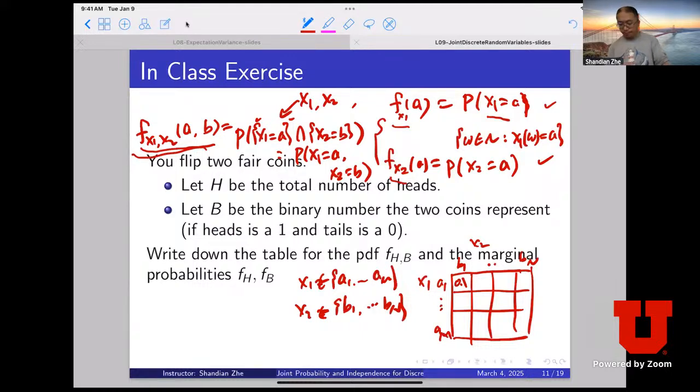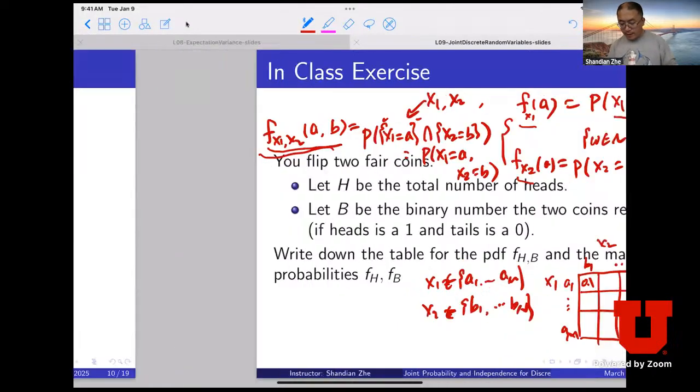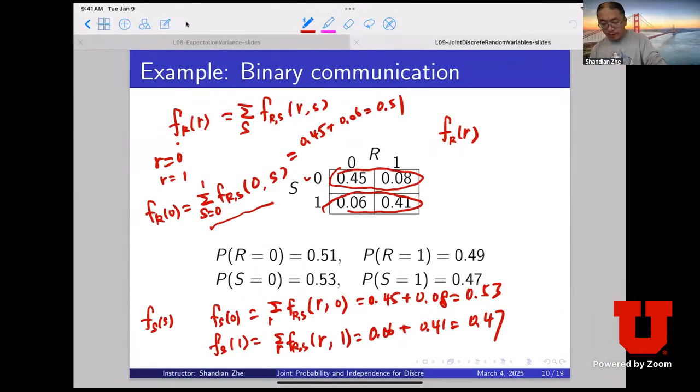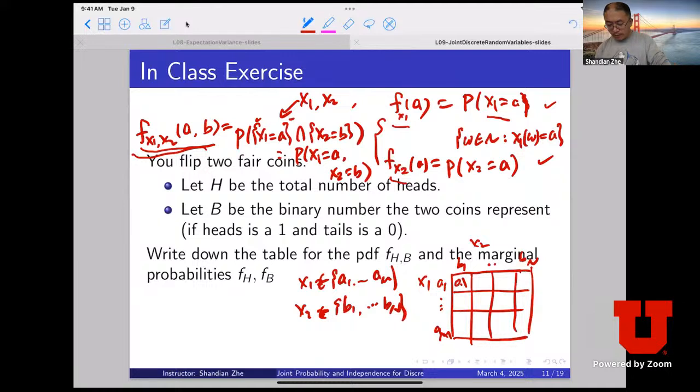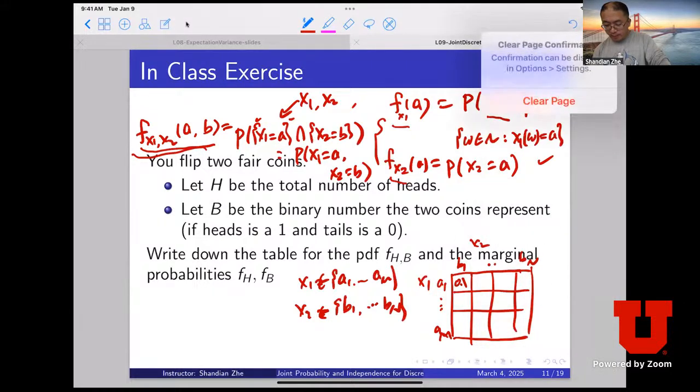Okay, great. So in the last lecture, we gave some simple examples to show how we represent this joint probability density function, and how we marginalize out the probability density function from the joint density function. So let's look at a second example to help us better review this concept and better understand the definition.